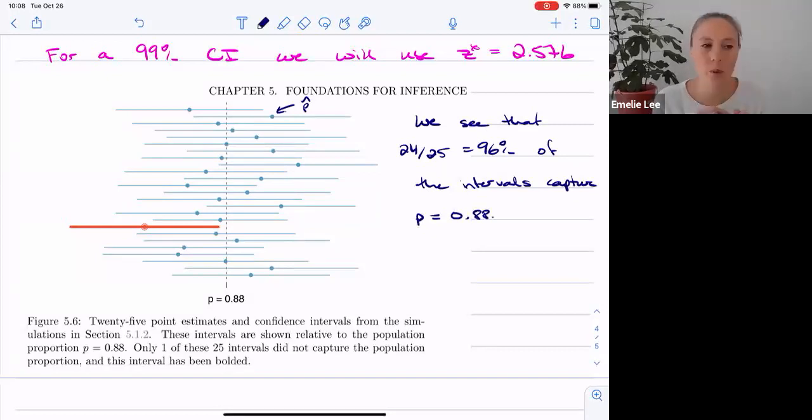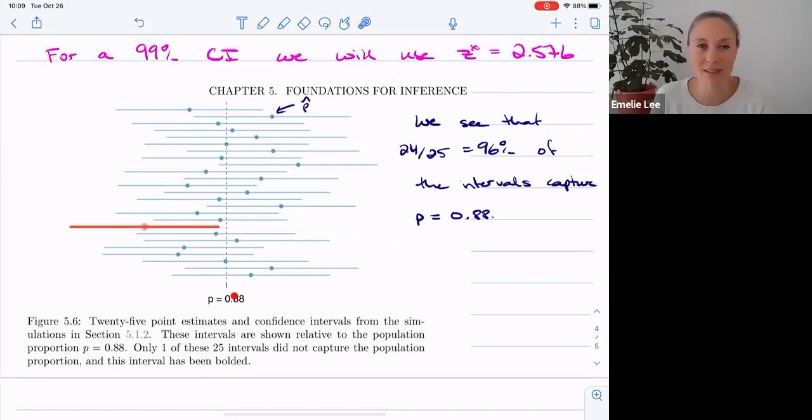It's really important when we're interpreting our confidence intervals, and I know we haven't built one yet, that when we have our interval, we have to interpret it. When we interpret the interval, it's this idea of capturing the population parameter.